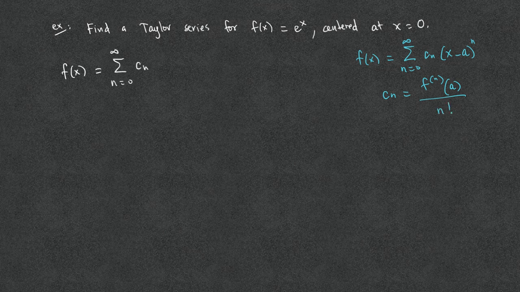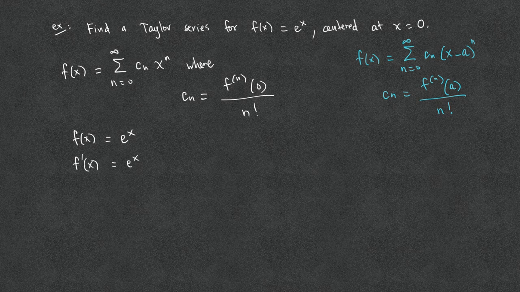And so f of x is the sum of c sub n x to the n, where c sub n is the nth derivative evaluated at x equals 0 divided by n factorial. f of x is e to the x, f prime of x is e to the x, f double prime of x is also e to the x, and so the nth derivative of f is e to the x. We evaluate these derivatives at x equal to 0.